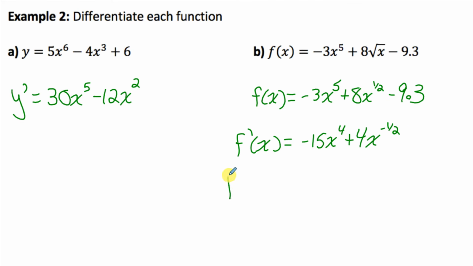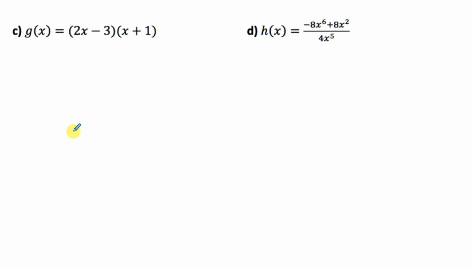Let's just rewrite this derivative so that it doesn't have a negative exponent by moving the power to the denominator. So negative 15x to the 4 plus 4 over x to the power of positive a half, or just root x.